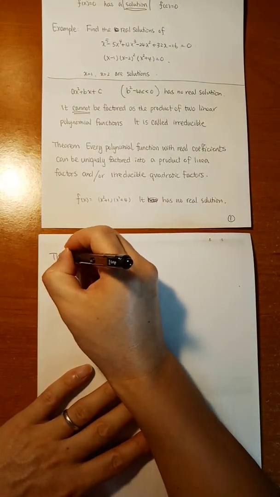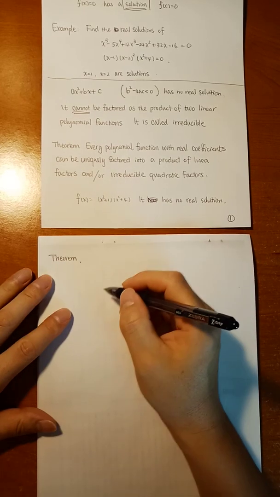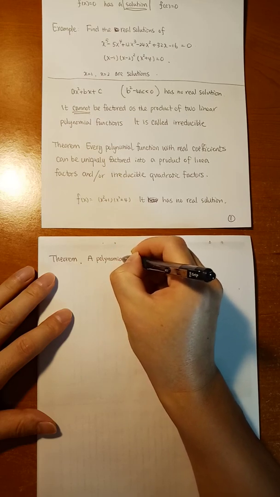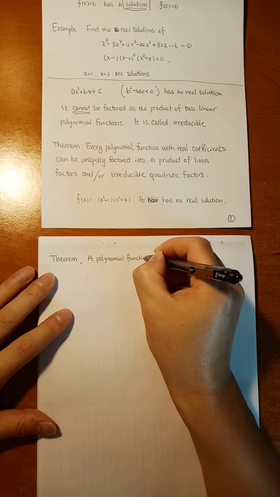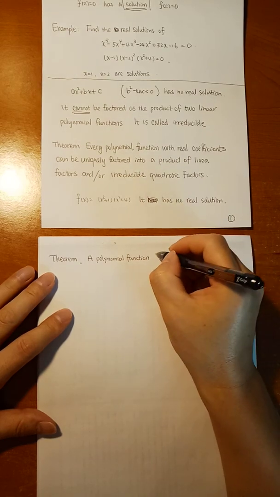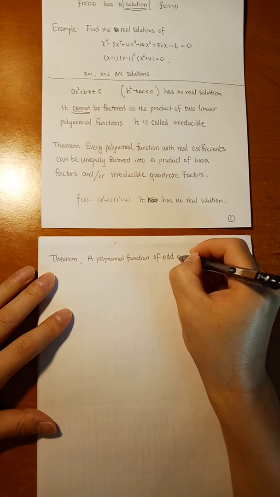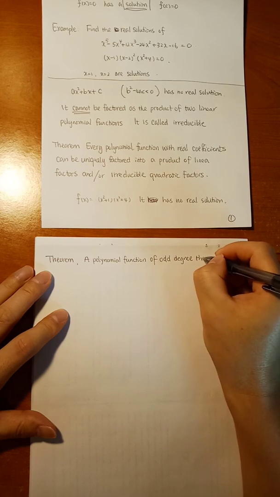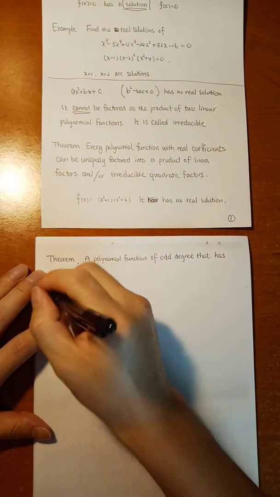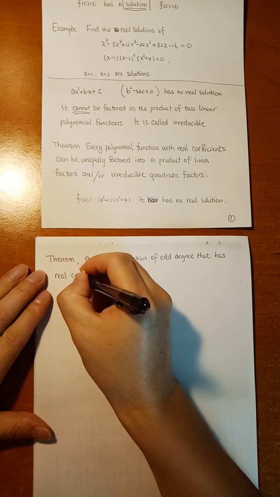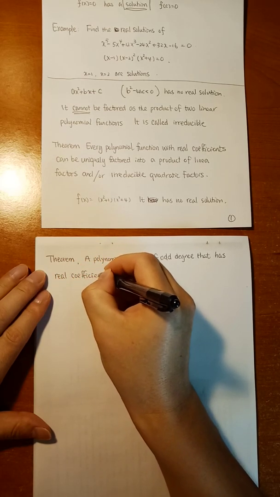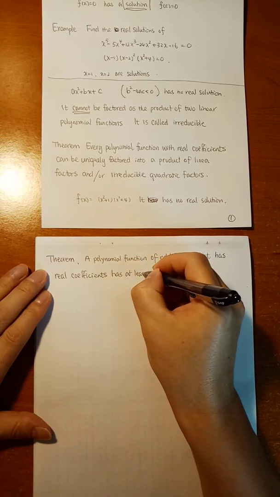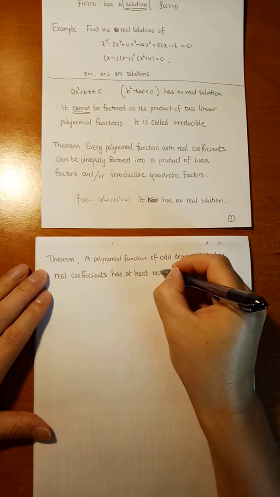That's the next theorem. A polynomial function of odd degree that has real coefficients has at least one real zero.